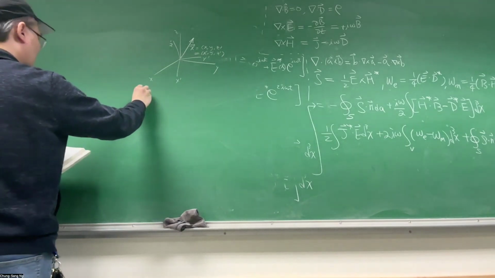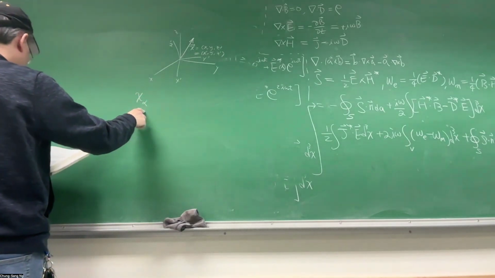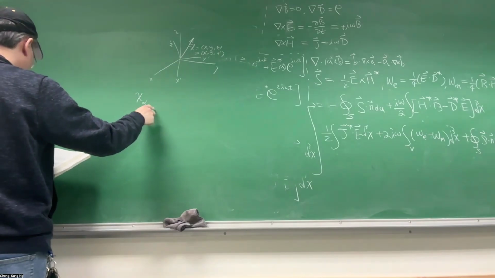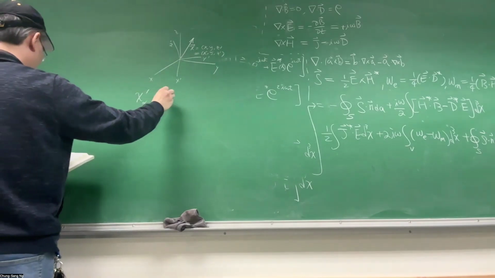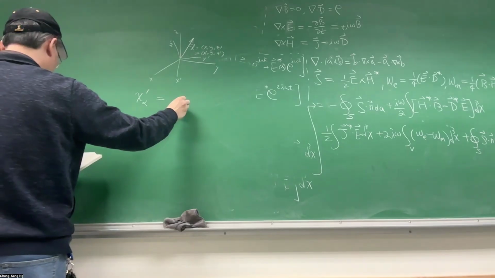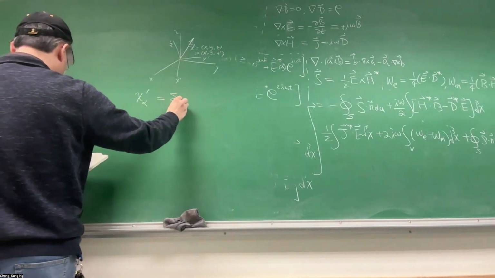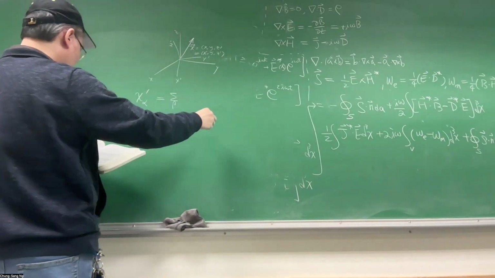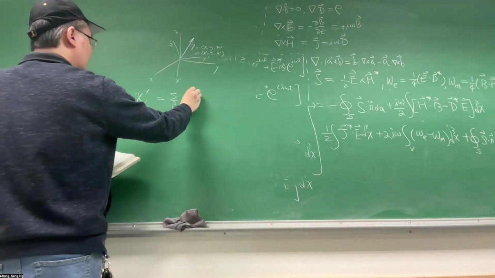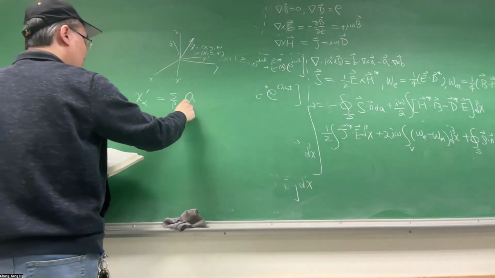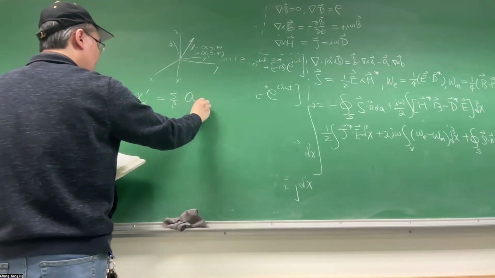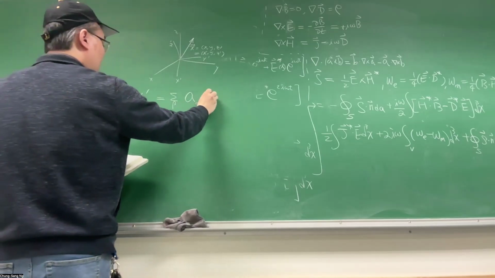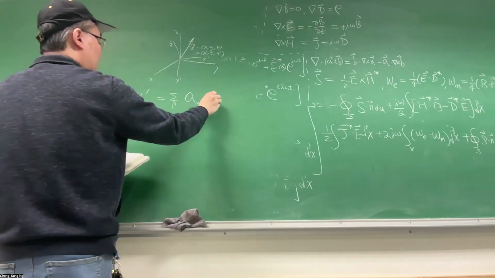In Jackson's notation, x alpha is 1, 2, 3, and then x prime is given by this. Jackson first keeps this summation. Later on, sometimes we'll get rid of the summation and use the Einstein notation. You have the matrix A sub alpha beta multiplied by this coordinate x beta.